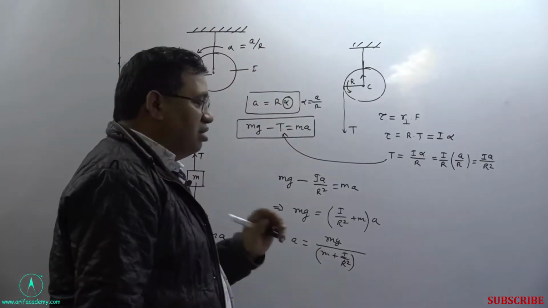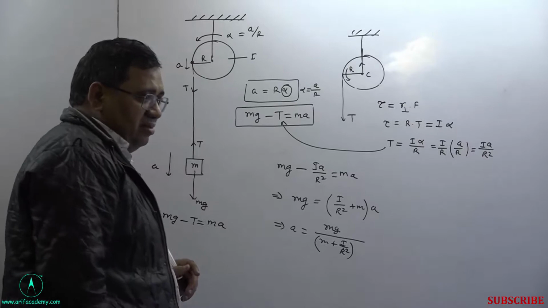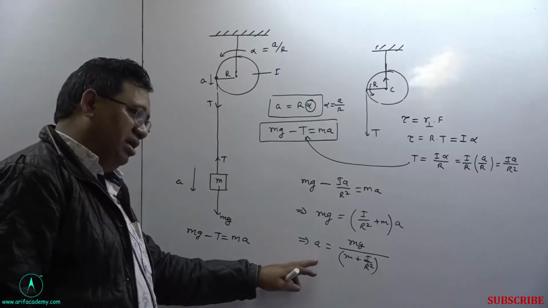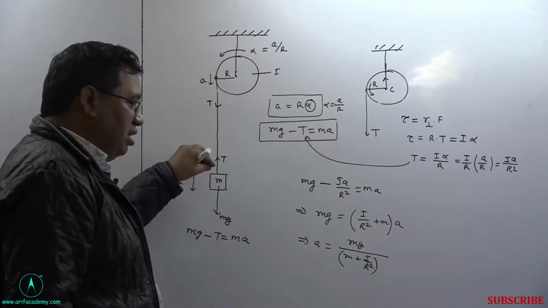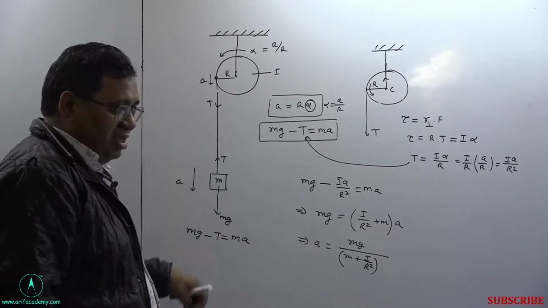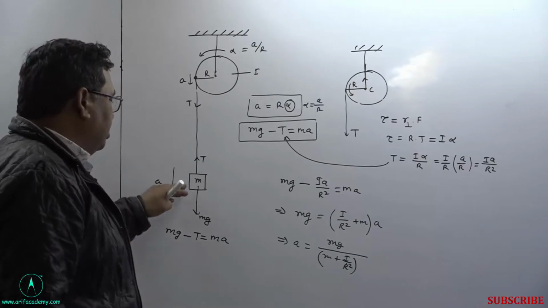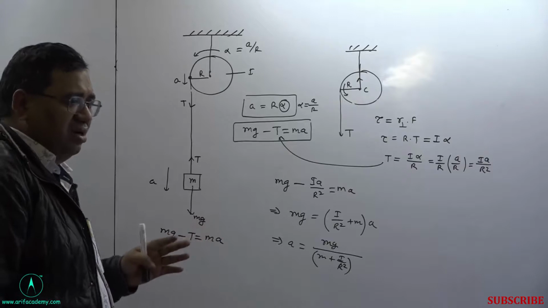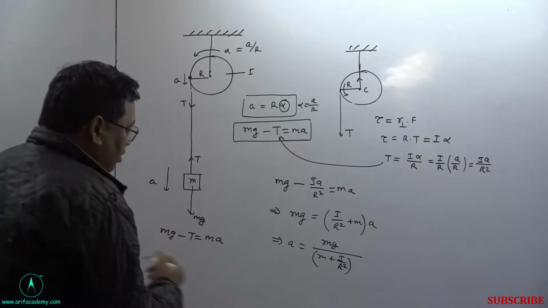So this is the expression for acceleration. This acceleration is constant, so this block is coming down with constant acceleration, and if we have to find its velocity after 3 seconds, 4 seconds, 5 seconds, whatsoever is given, we can use the equations of motion as well.